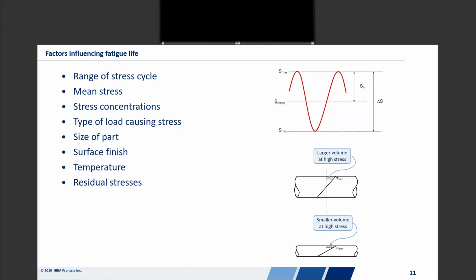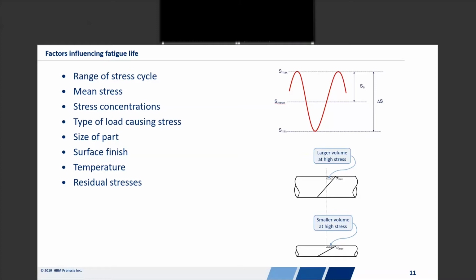Again, what we're doing is stressing the microstructure of the part. So anything that stresses a larger physical volume is going to cause possibly more fatigue damage, or basically initiate damage. And that has to do with stress concentration factors. A larger stress concentration factor has a larger area of stress.